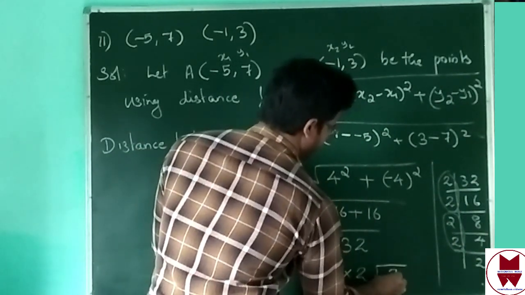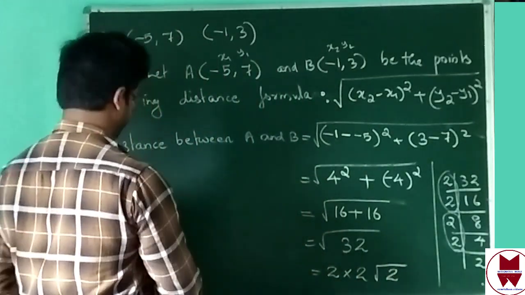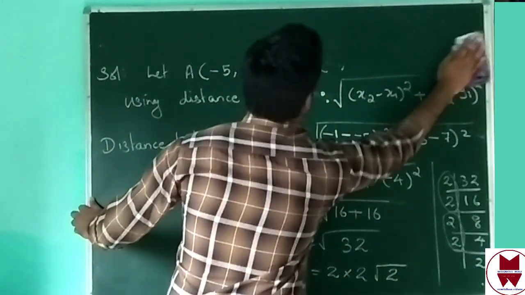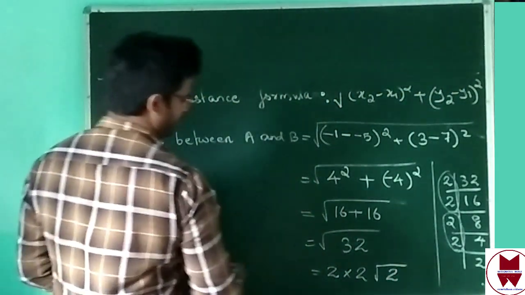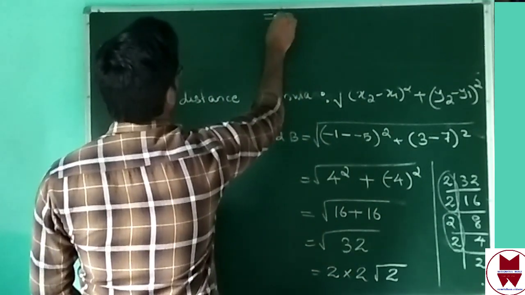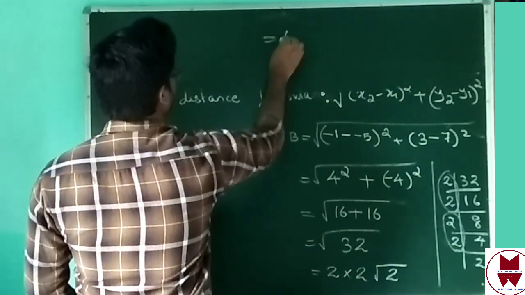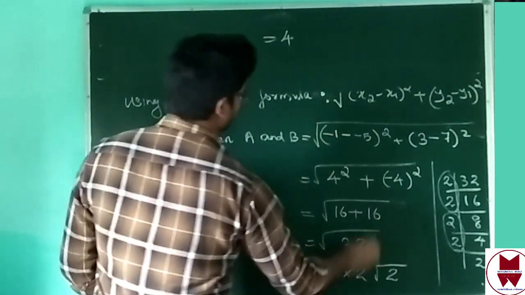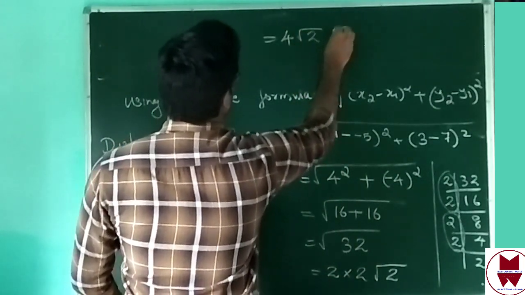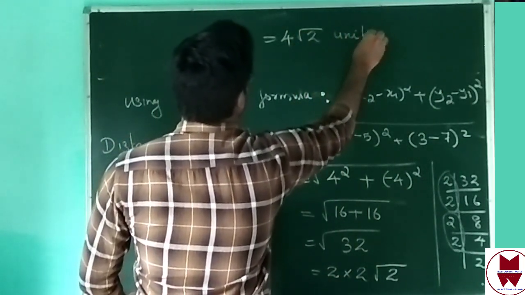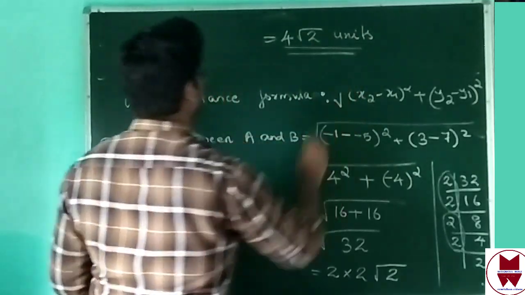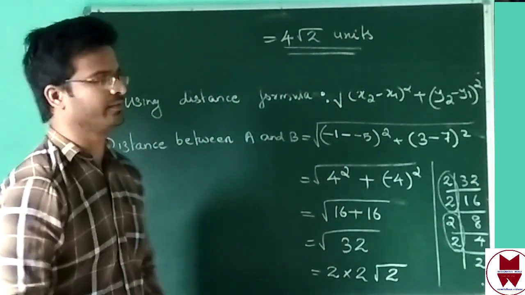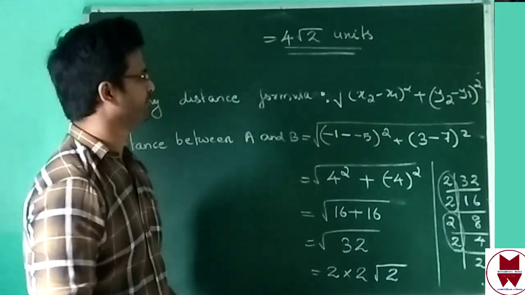That 2 we can write inside the square root. Then 2 into 2, 4 root 2 units. The distance between the given points, we got the answer 4 root 2 units.